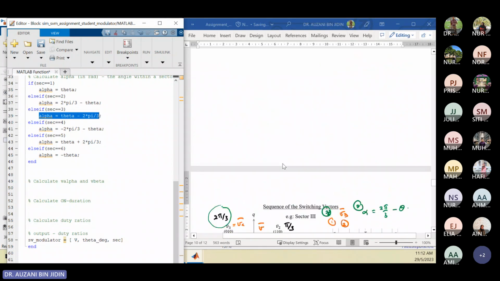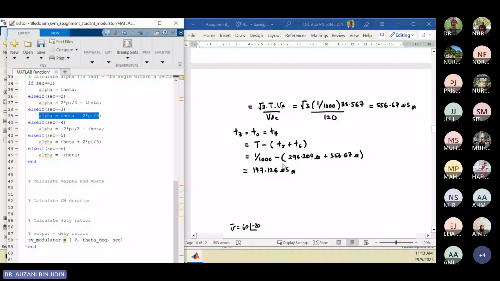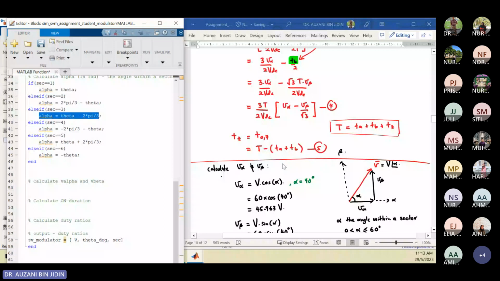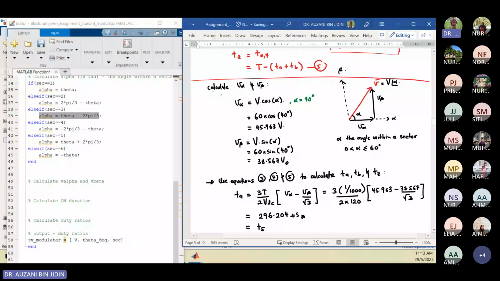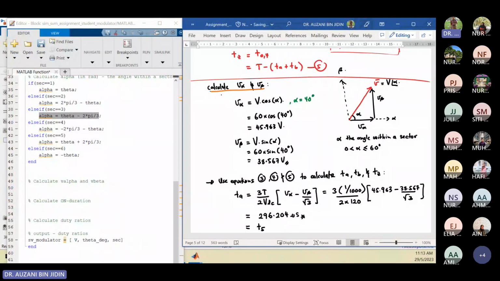You have already calculated alpha. By applying alpha, you can calculate V alpha and V beta using trigonometric functions.